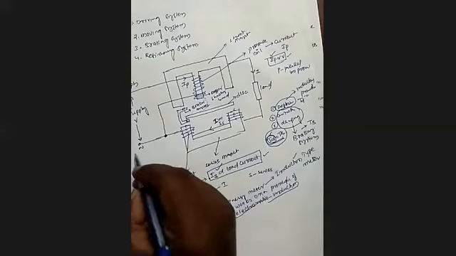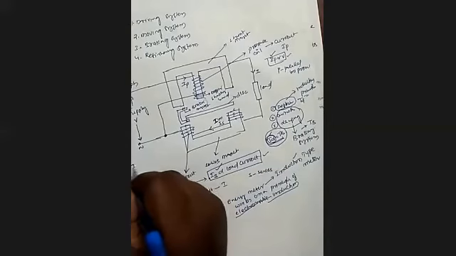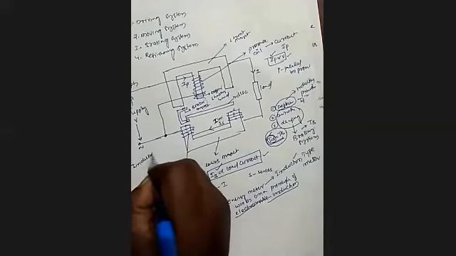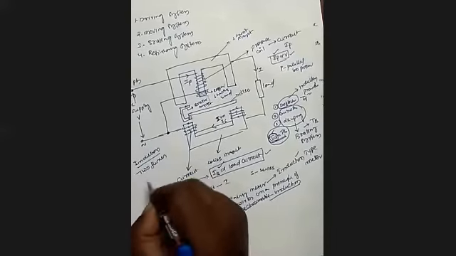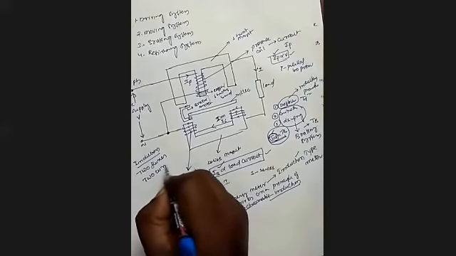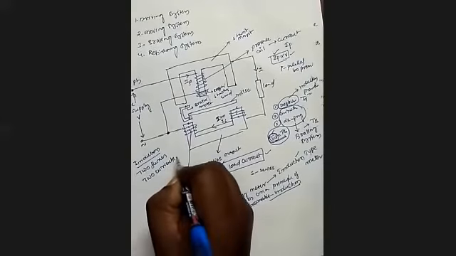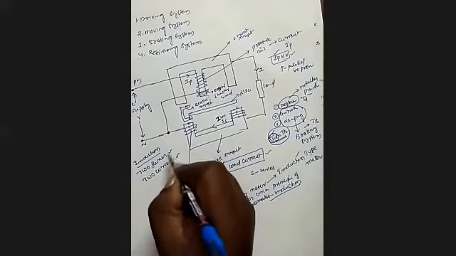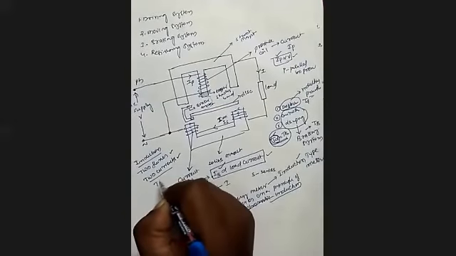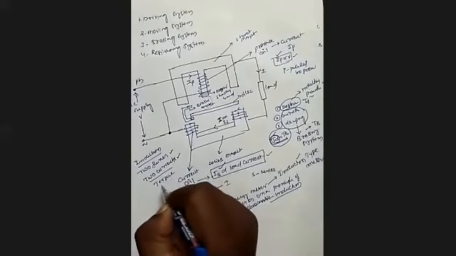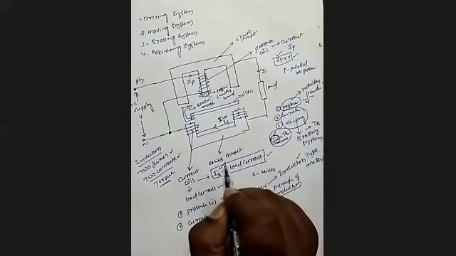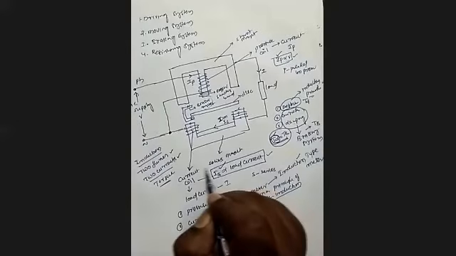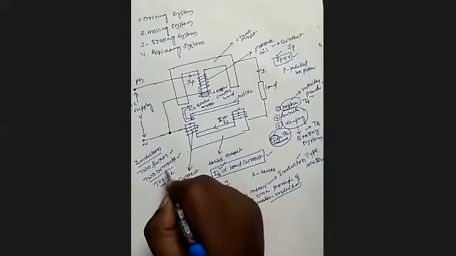So in induction based instruments, we require two fluxes and two currents. With the help of the two currents and two fluxes, we develop a torque based on the induction principle. For the production of the two fluxes, we require two currents.